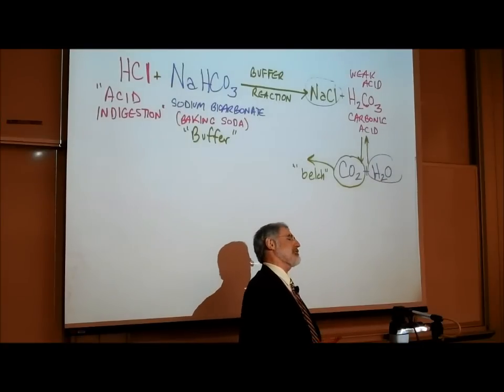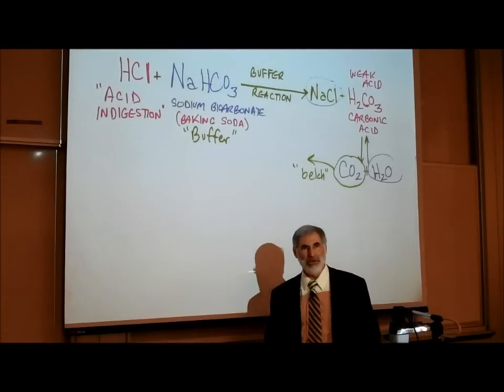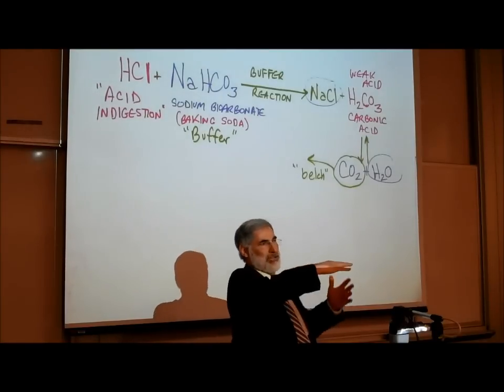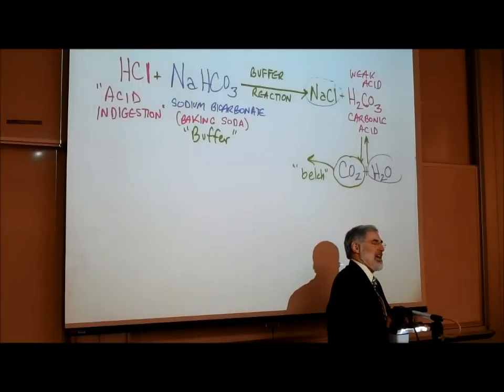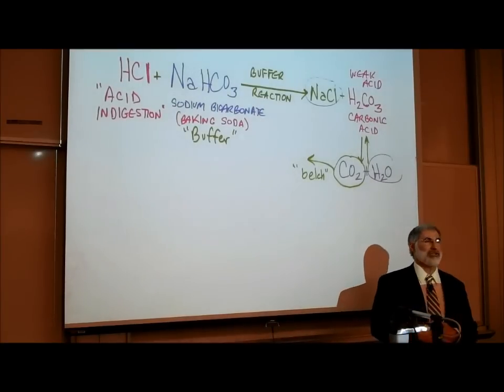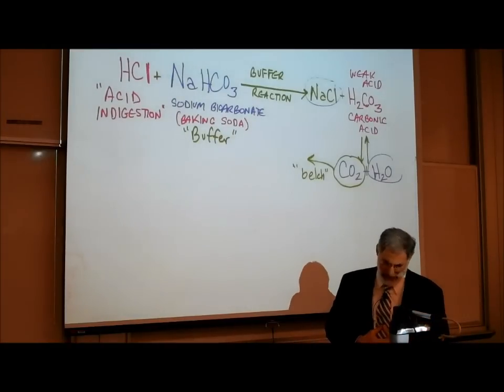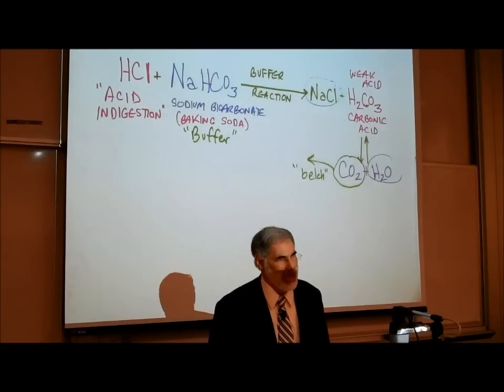Your stomach starts secreting hydrochloric acid to digest the meal and so on. And then it starts coming up on you because you're lying horizontally in bed. And after about a half hour, 40 minutes trying to sleep, you'll wake up going, oh my gosh, oh. All right, and we would say you're experiencing acid indigestion.